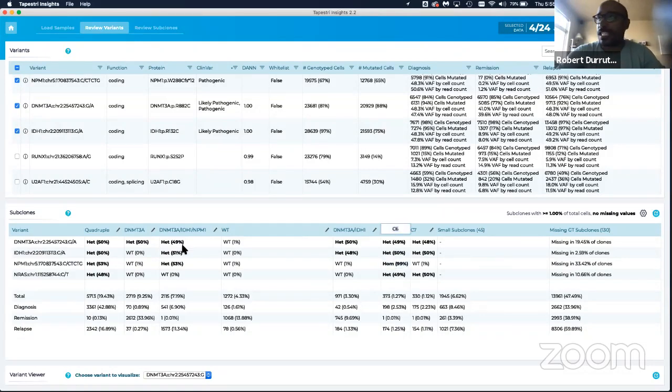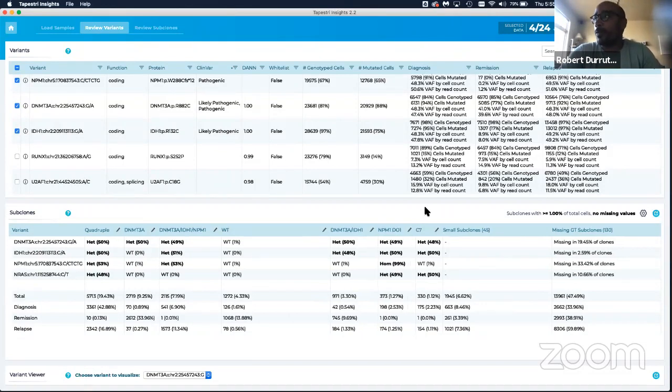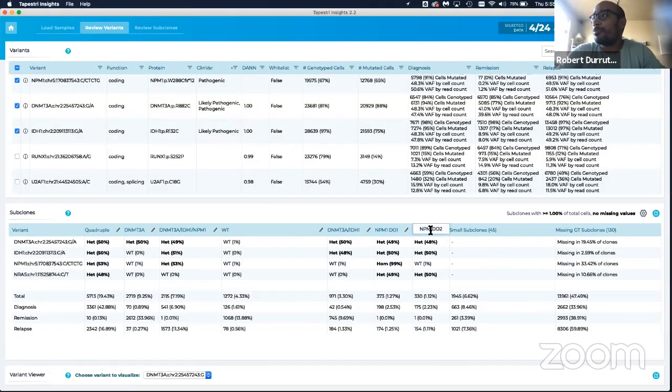Because I don't expect that this NPM1 is implicated in the copy number, I'm going to call this, for now, NPM1 DO1, dropout 1. The one right next to it, from experience, I'm going to call NPM1 DO2.